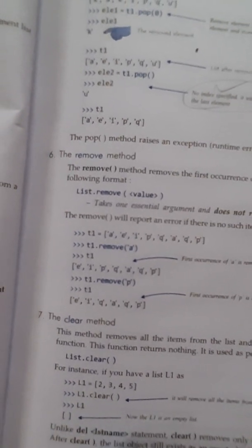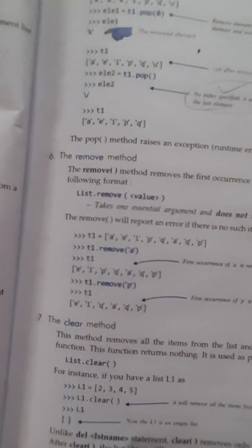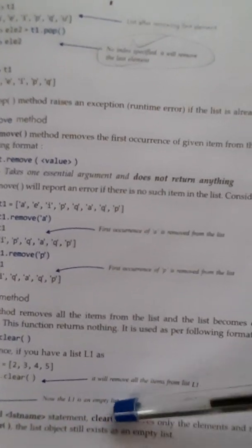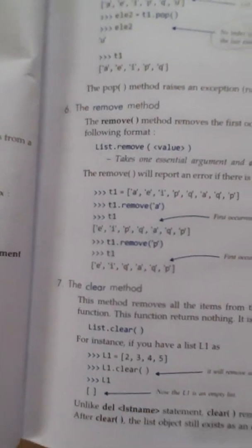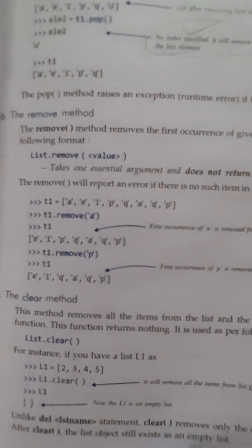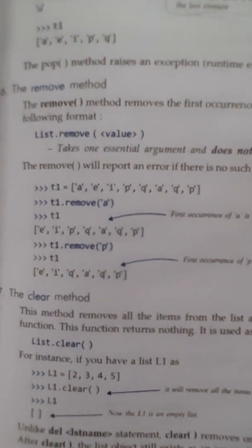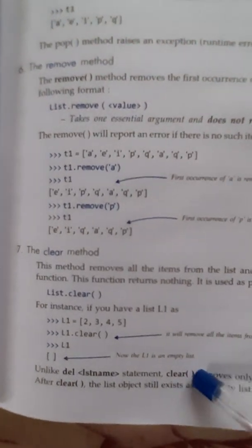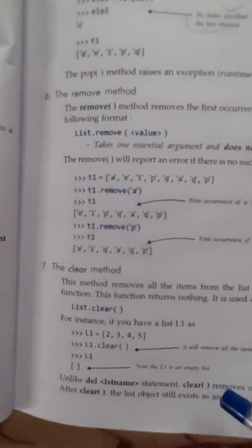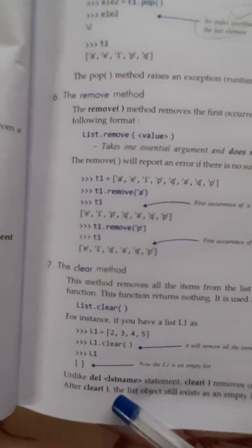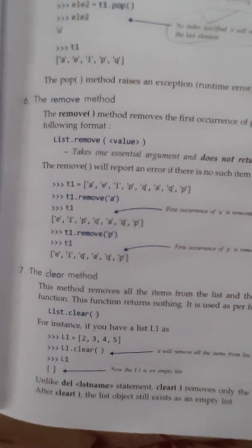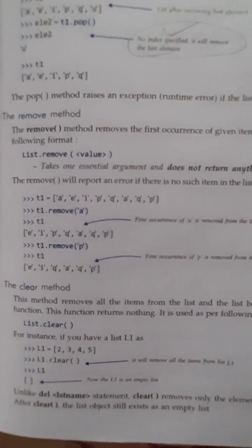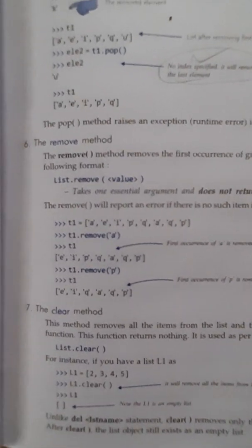Unlike del of list name, clear removes only the elements and not the list object. After clear, the list object still exists as an empty list. It won't be deleted totally. This is the difference between del of list name and clear. Okay, so these are all the various functions we saw so far under the list.